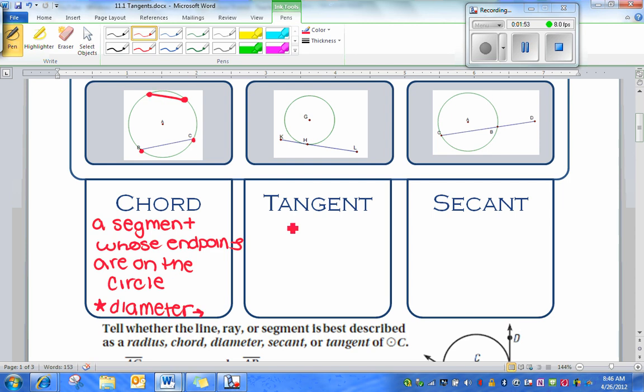Today we're going to be focusing on tangents, and they're really special. A tangent intersects the circle at exactly one point.